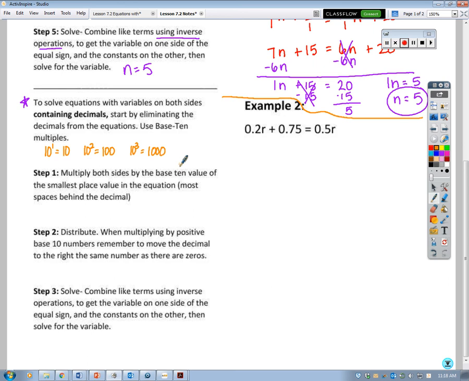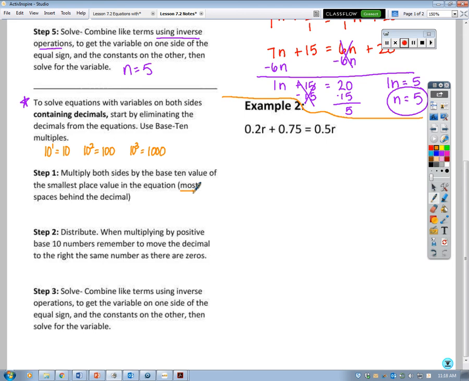So we're going to use those to help eliminate our decimals from our equation. So the first thing we're going to do is multiply both sides by the base 10 value of the smallest place value in the equation. So smallest place value is confusing. That means it is the smallest fraction, not the fewest digits. So it will have the most spaces behind the decimal, right?